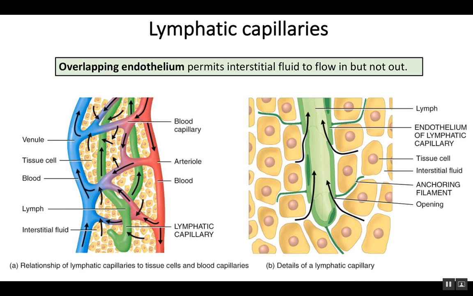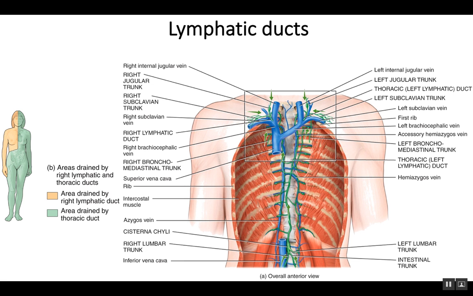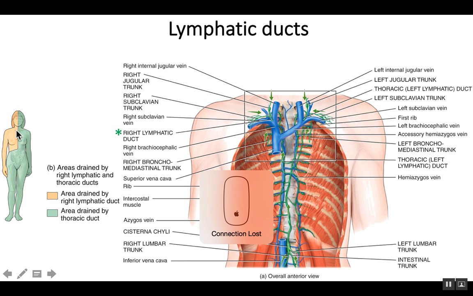It's in your lymphatics. As that lymph is collected, it drains into larger lymphatics. This is a more detailed picture showing the larger lymphatics. So we have the right lymphatic duct, which collects fluid from all the yellow areas on this drawing.